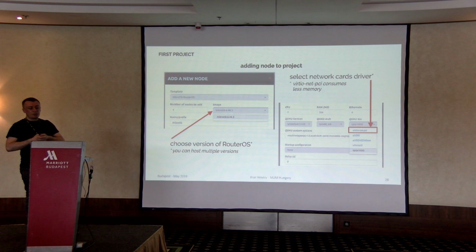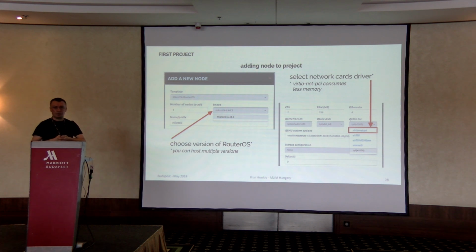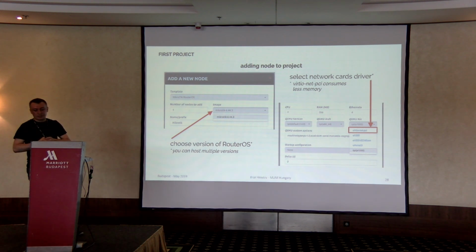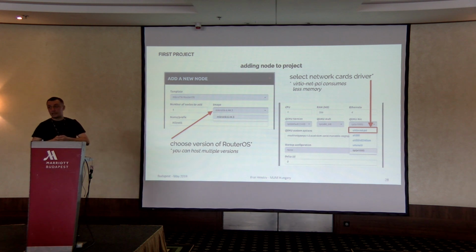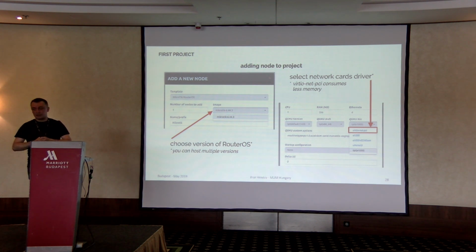Select the network card driver, as recommended by the creators of EVE-NG and the community. Use the VirtIO-net PCI driver, not standard VMXNET, because it consumes less memory, and the router knows about this network card more than about others.